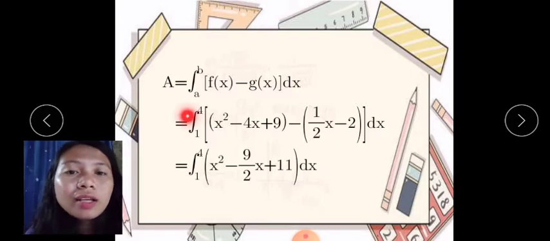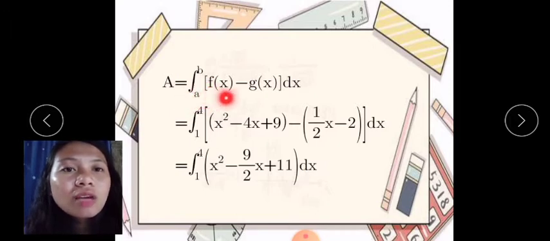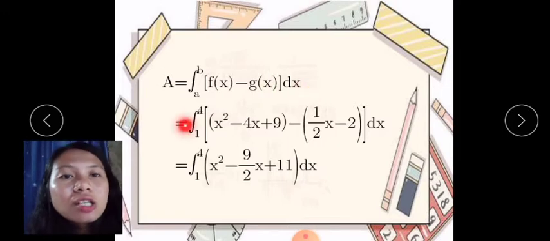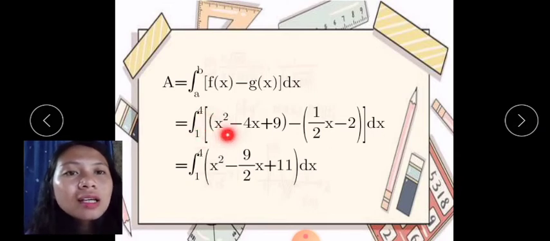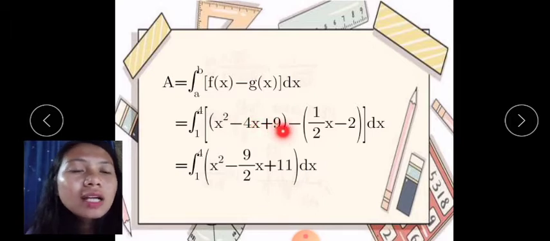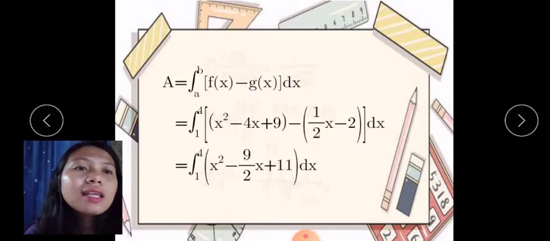So now, to get the area between the two curves, we need to use the formula of area between two curves, which is area equals the integration from a to b of f(x) minus g(x) dx. So we have the integration from 1 to 4 of f(x), x^2 - 4x + 9, minus g(x), 1/2 x - 2, dx.